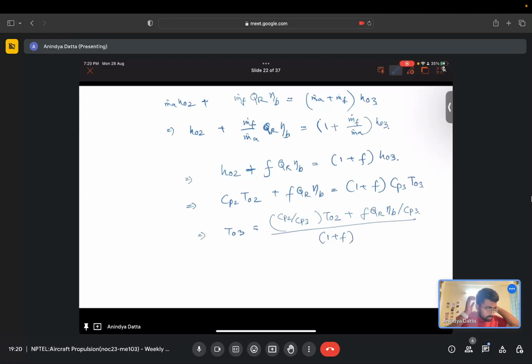So this is the final expression for T03, the temperature at the exit of the combustion chamber.